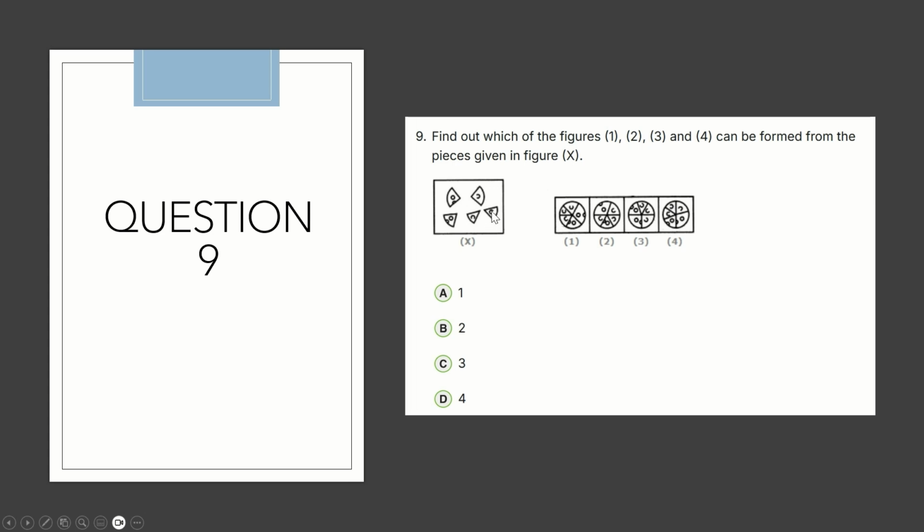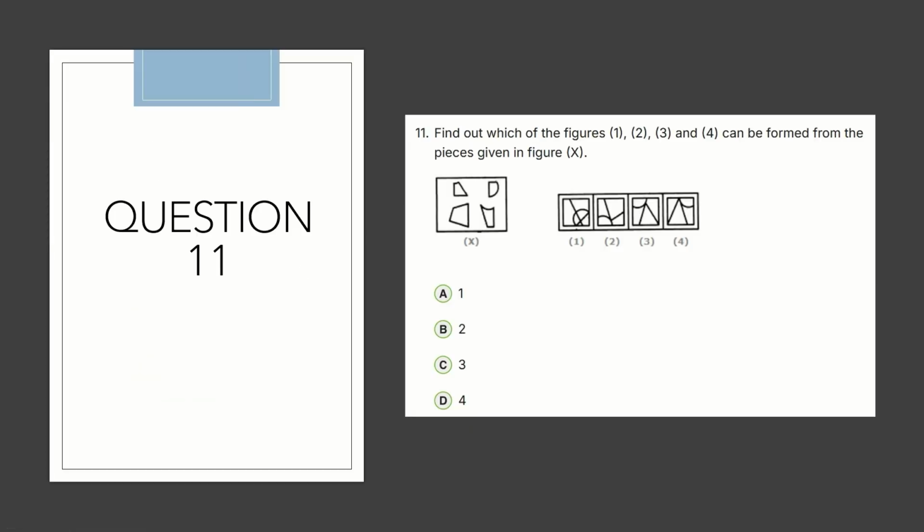Then looking at this last piece, we have a C facing outwards. You can see we have it in option 3, but in option 4, we do not have it, since the C is pointing inwards. So our answer is option 3, which is C.